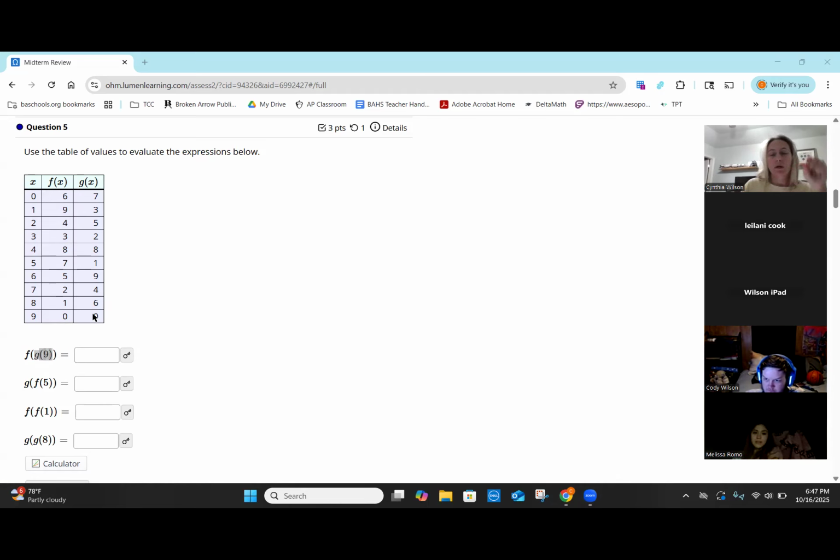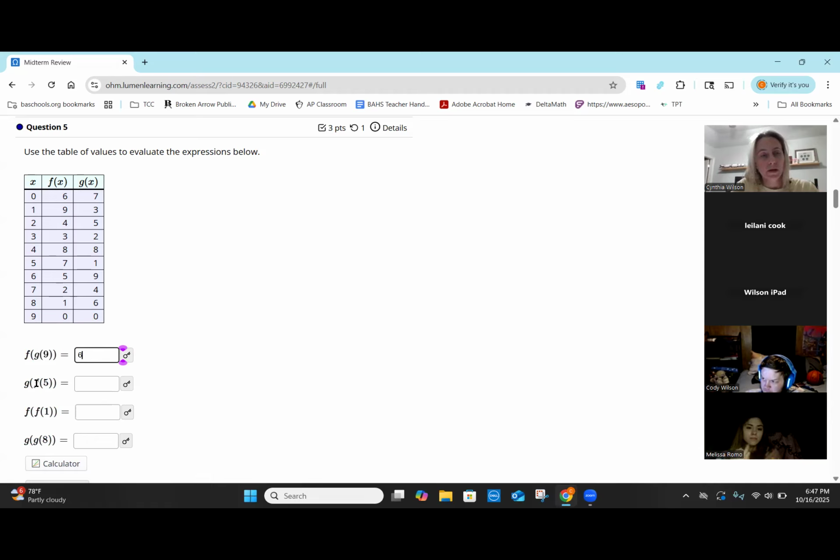Now, I'm going to type it in this box. It's not the right answer, but I'm going to type it in this box. Now that we know that g of 9 is 0, we want to find f of 0. Well, 0 on the x column, and then f of that is 6. So f of g of 9 is 6.